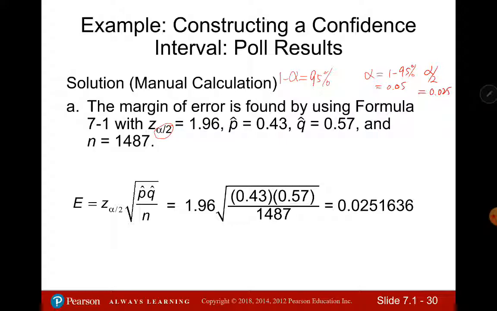If you already memorized some commonly used critical values, you will realize the critical value for 0.025 is just 1.96. And we already did it in the previous example, right? So we already found the critical value.